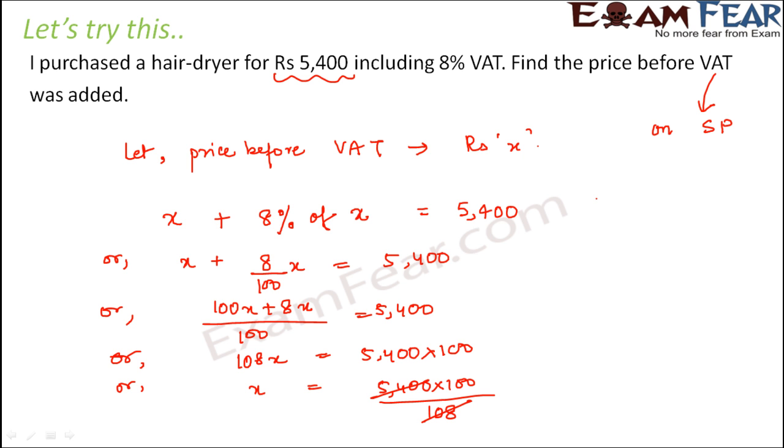So you can cancel these out, so it becomes 50. Therefore the answer is rupees 5,000. So rupees 5,000 was the price of the hair dryer before VAT was added.